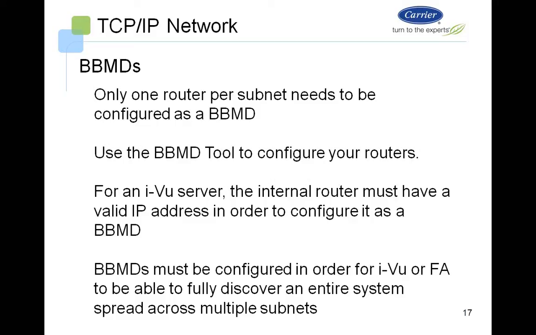If you have an IV open server with an internal router, then you can set the BBMD on that internal router. However, if the IV open server does not have an internal router and it just is using the 127.0.0.1 address, then you cannot use the BBMD config tool to set BBMD of the server.